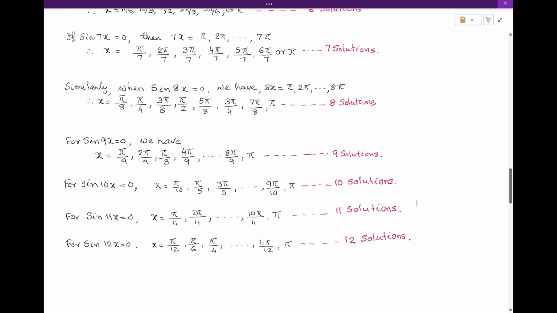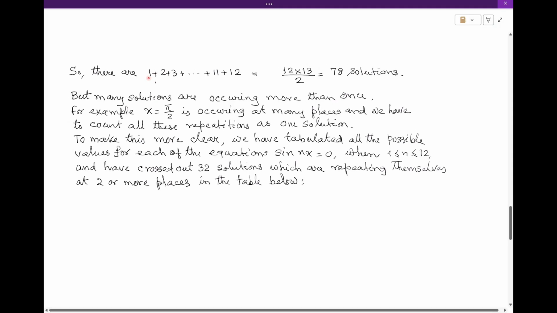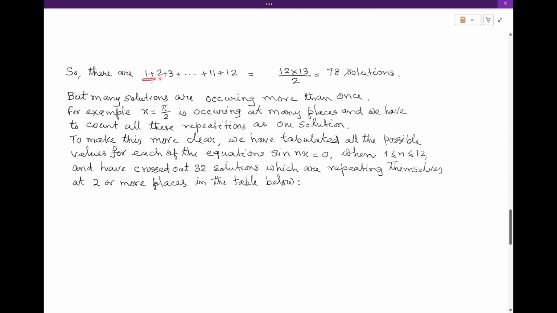You can check these and convince yourself that all these values are possible solutions. So for sin x equal to 0, we get one solution. For sin 2x equal to 0, we get two solutions, so on and so forth until sin 12x equal to 0 gives us 12 solutions.